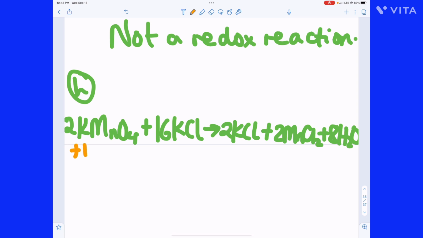What we do here too is the same. Potassium is +1 here. Manganese is +7. We did this in our calculation. Potassium is +1 here, chlorine is -1. Here, potassium is +1, chlorine is -1. Manganese is now +2. Okay, I think this was meant to be 16 HCl.